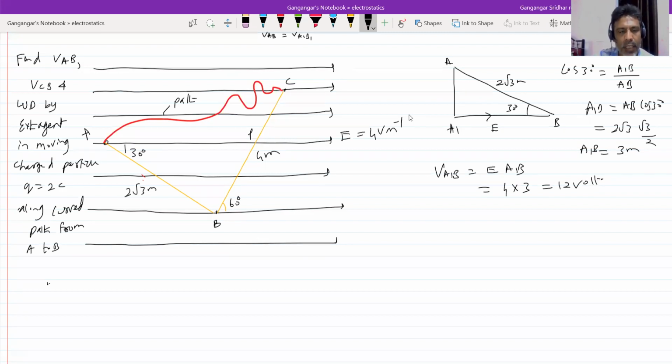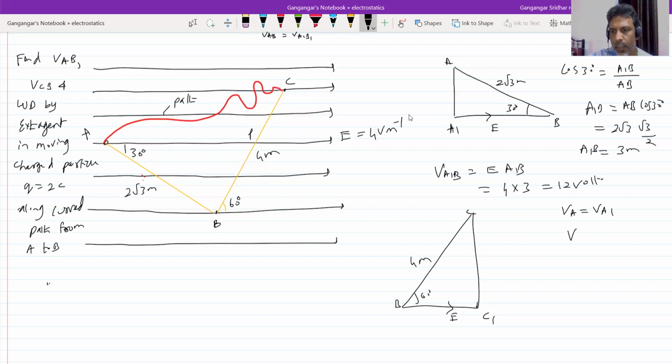Similarly, VCB is asked. First, we'll calculate VBC. As we know, the potential at A is equal to the potential at A1, so VAB is equal to VA1B.